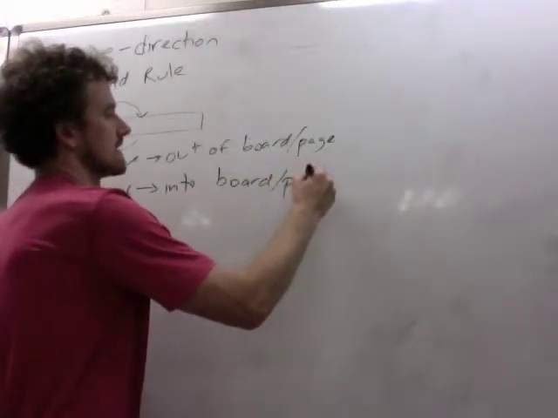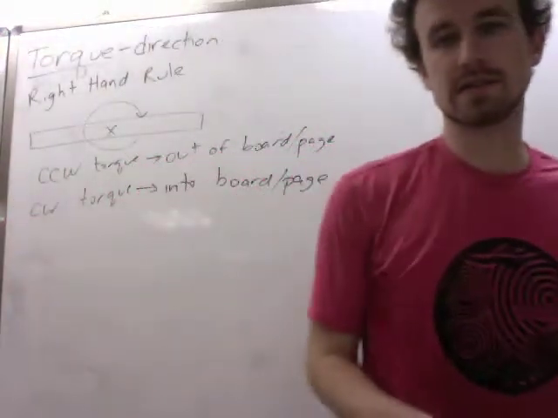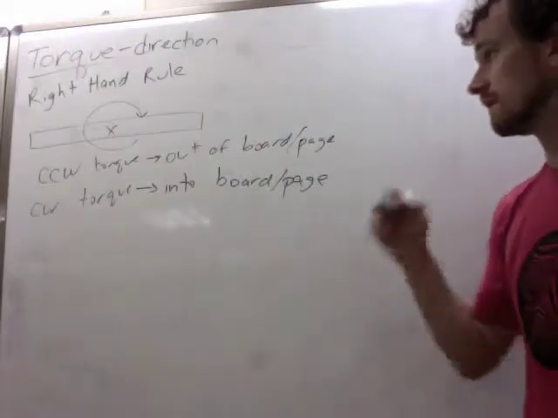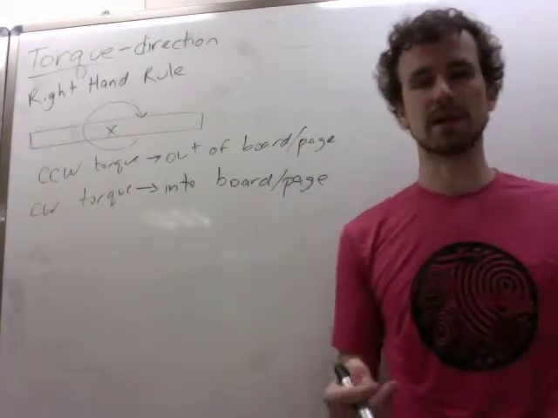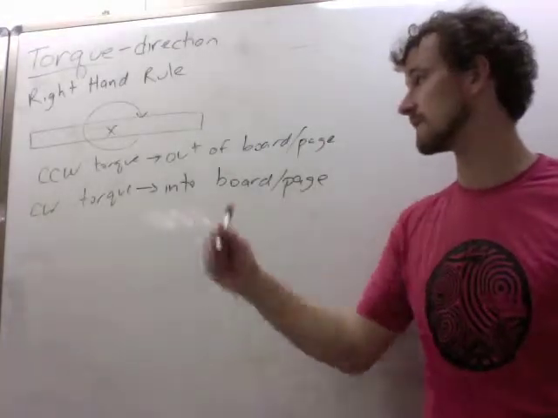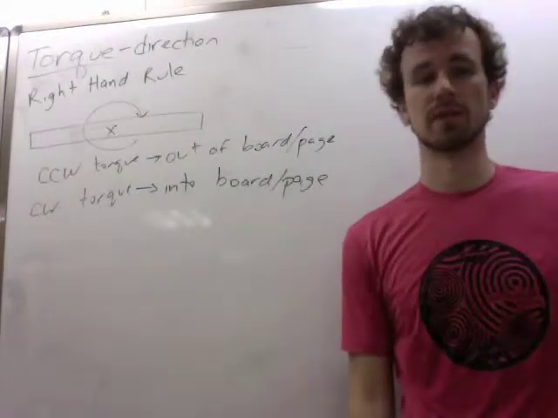So instead of saying the torque is so many Newton meters clockwise or counterclockwise, we're going to give the directions based on whether they're going into the board or out of the board.